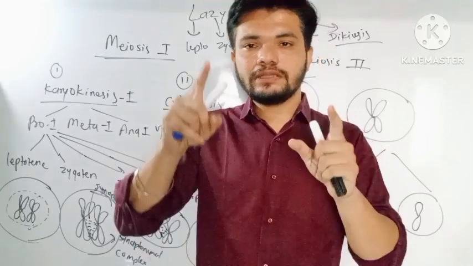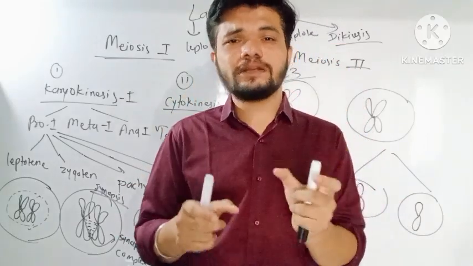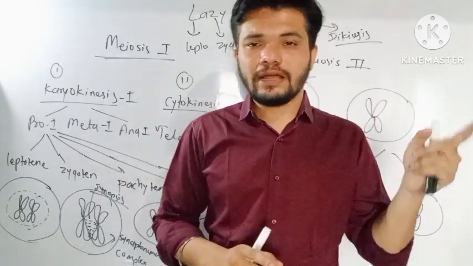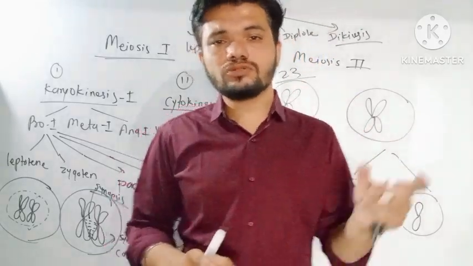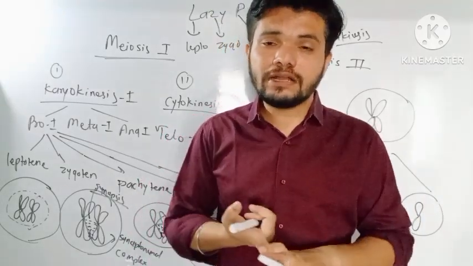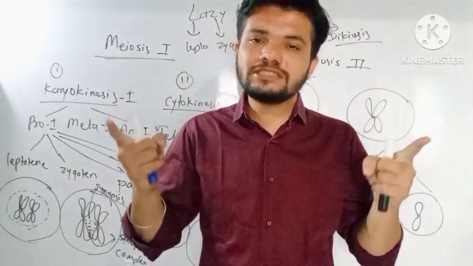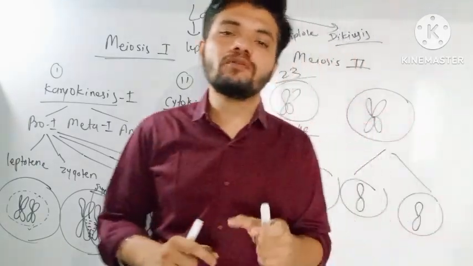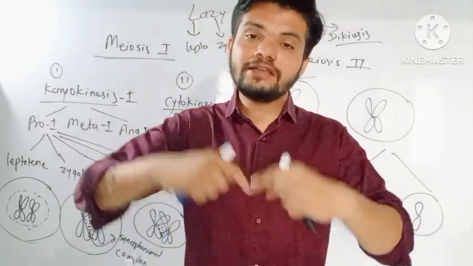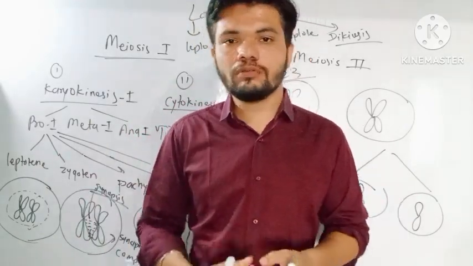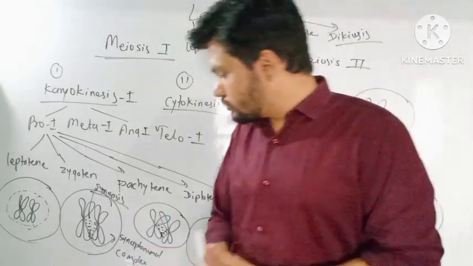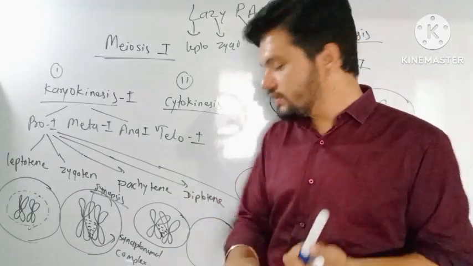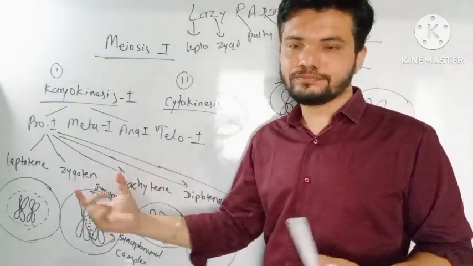The genes present on the first chromosome will be shared with the other chromosome, and the genes present on the second chromosome will be shared with the first chromosome. So genes are shared with each other. This process is done with the help of the recombinase enzyme, and new combinations of genes will be formed in pachytene. So recombination of the genes takes place in pachytene.